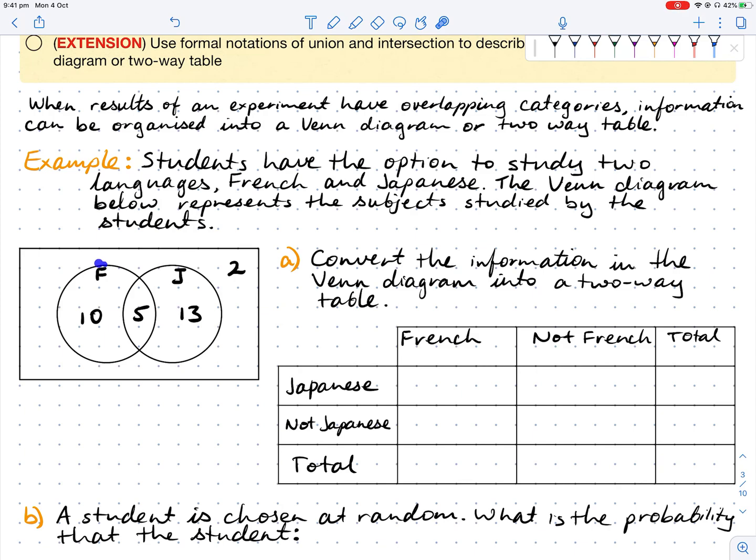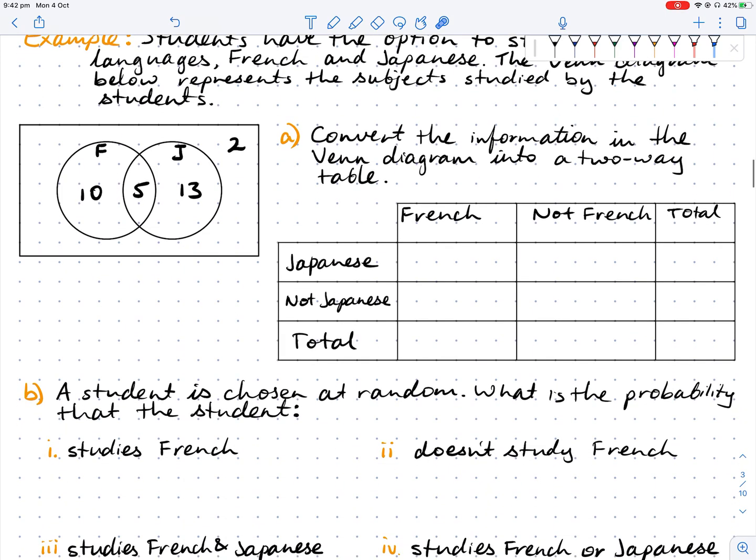Everyone inside this circle studies French. Everyone in the other circle studies Japanese. And the box on the outside means that if anyone's in the box, they're part of this class, but they don't study French and they don't study Japanese either. So what we want to first do is convert this into a two-way table.